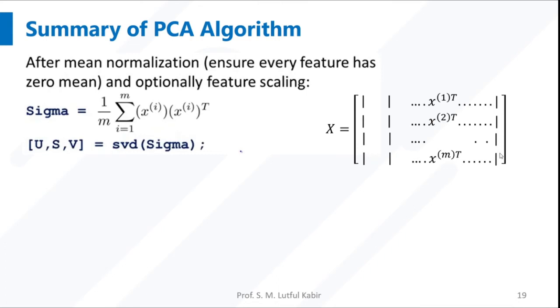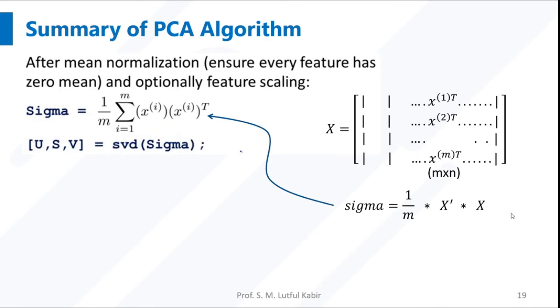Similarly, xm transpose forms another row. So there are m rows and n columns, m by n. And if you take the transpose of x, that will be n by m. So if you multiply x transpose with x, it will give the same result as this summation.